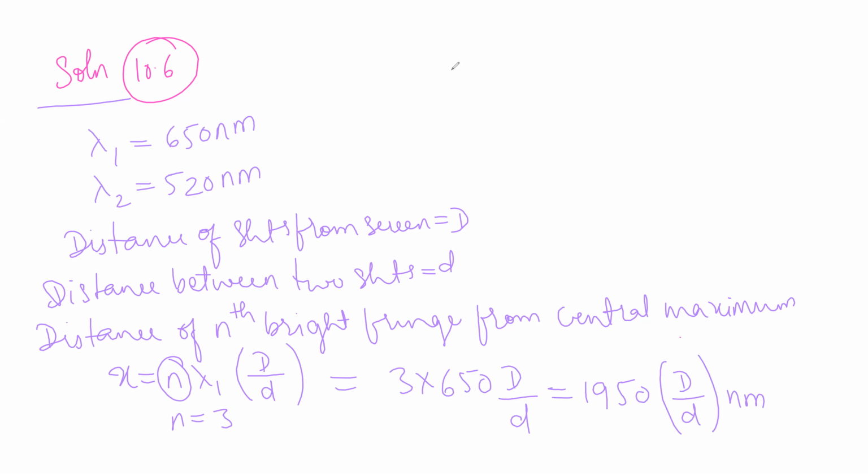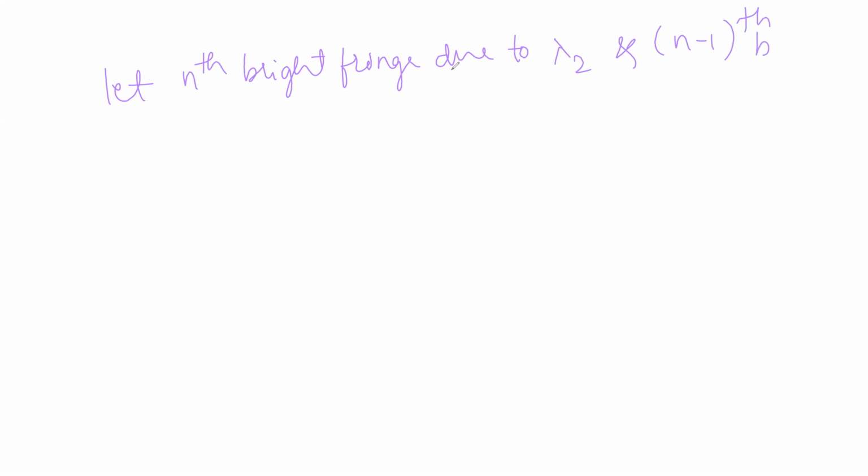Similarly, let the nth bright fringe be due to wavelength lambda 2 and the n minus 1th bright fringe be due to wavelength lambda 1.